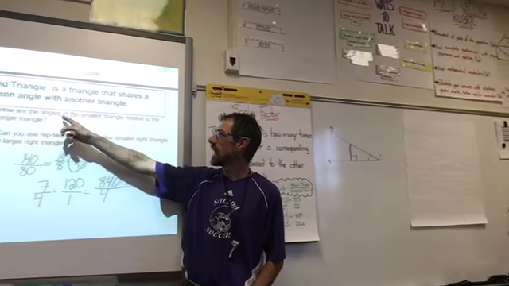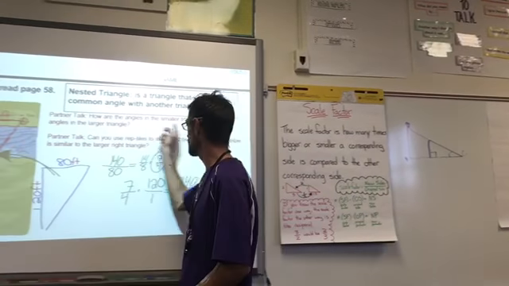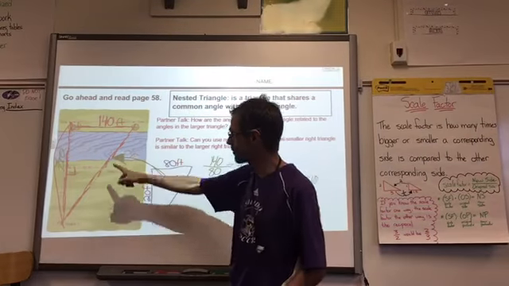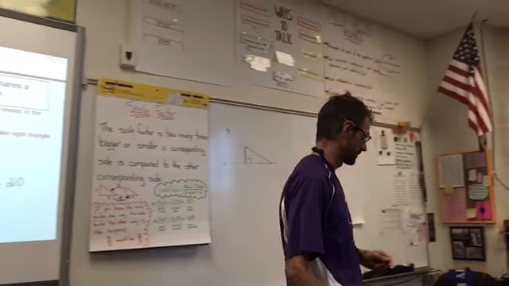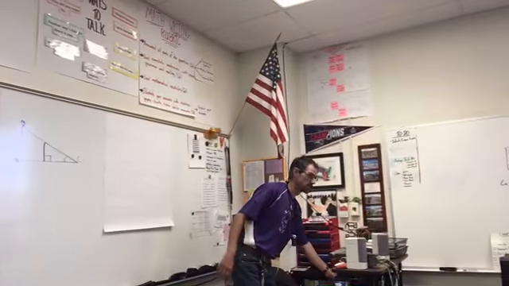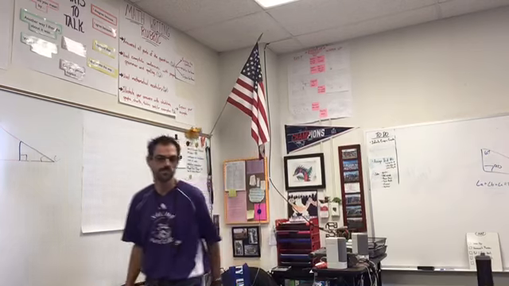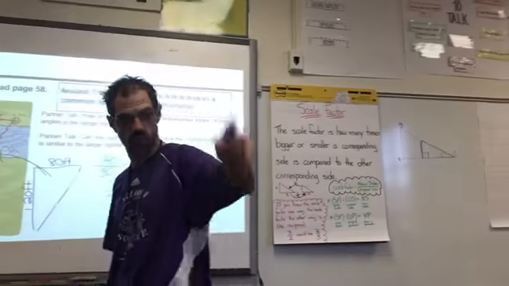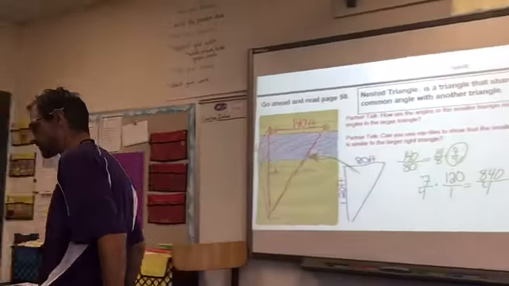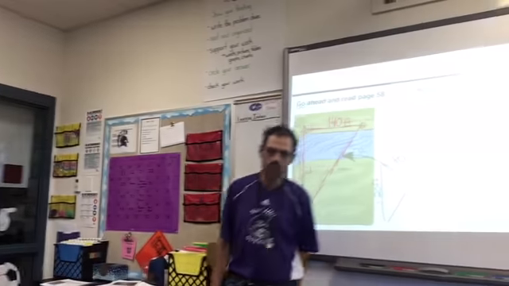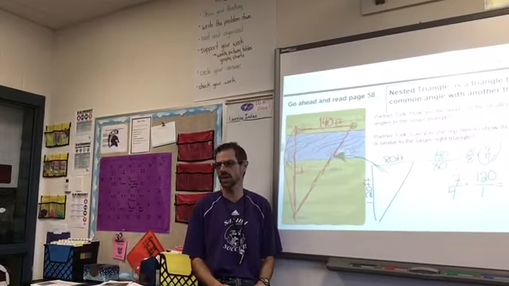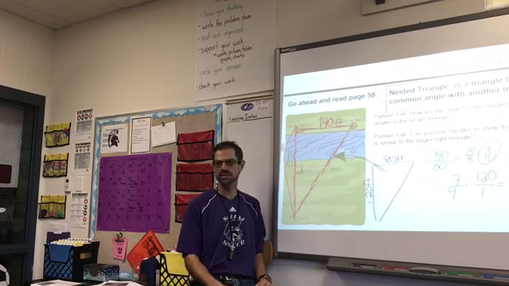So, how are the angles in the smaller triangle related to the angles in the big triangle? Talk to your partner. What was the question? So I was listening to Peyton. Peyton said they're exactly the same.